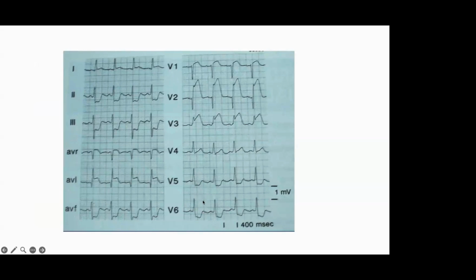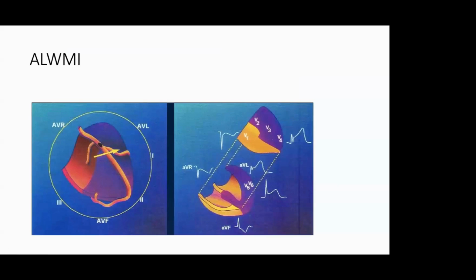Usually in most of the cases, because it all depends on the branching, it will be different from one patient to another. If the diagonal is giving V5, V6, they will also be elevated in that area. So in anterolateral wall MI, only septal will be spared. So V1 septal will be spared, but diagonal as well as mid to distal, all the other territories are ischemic.